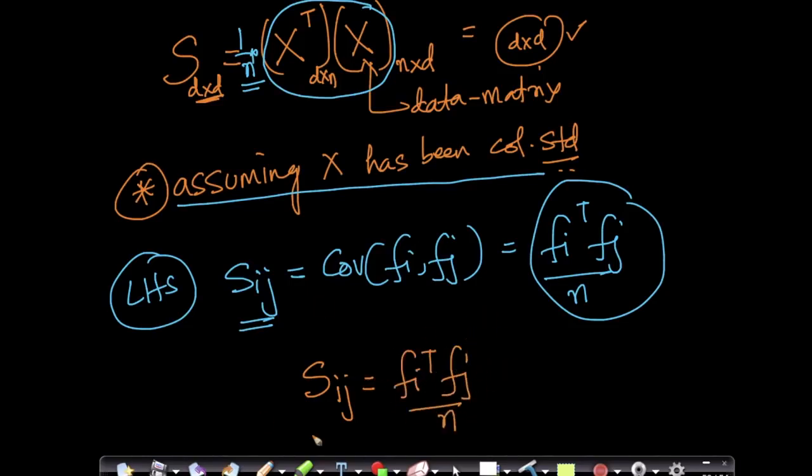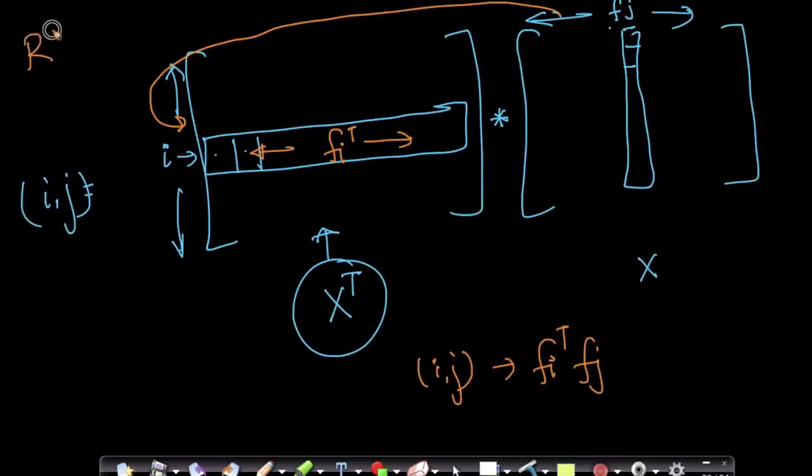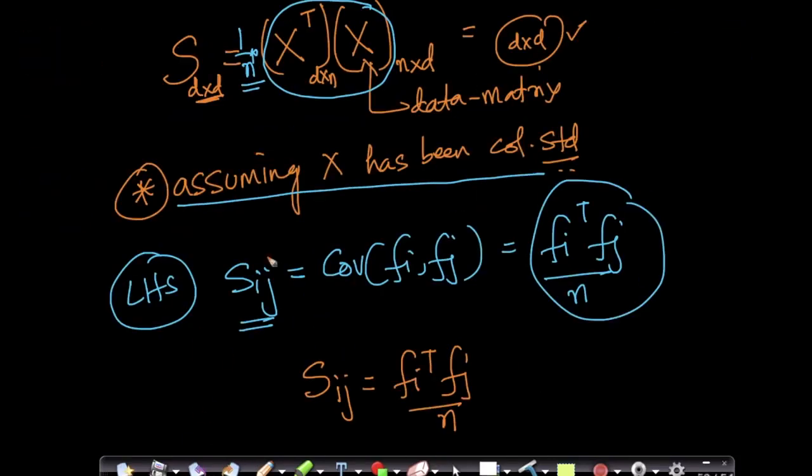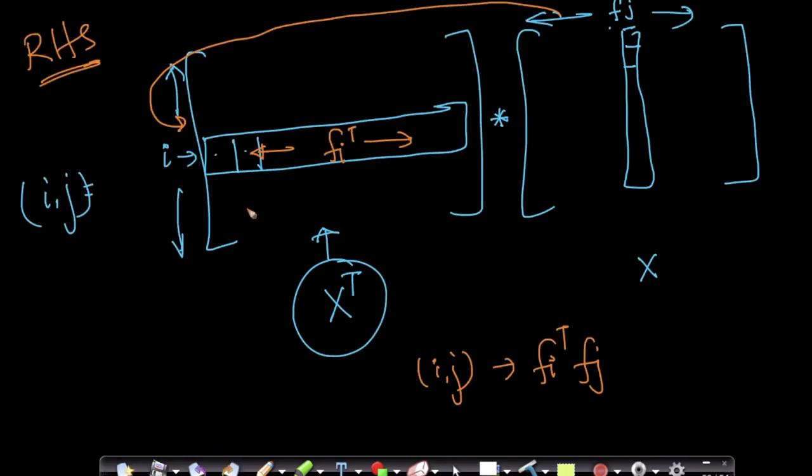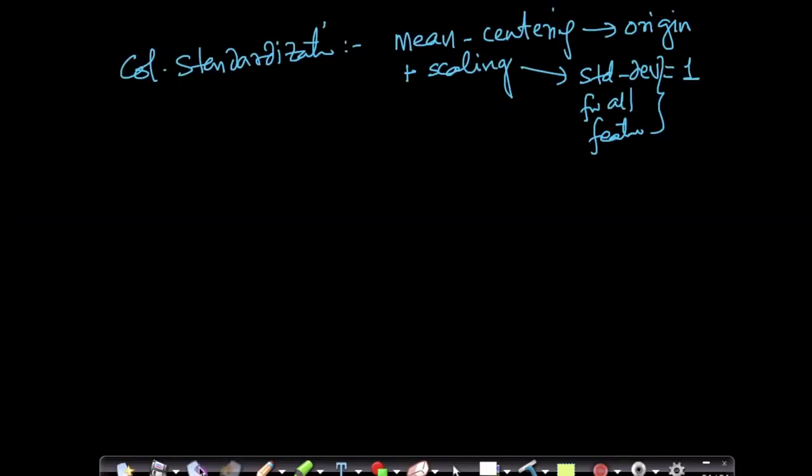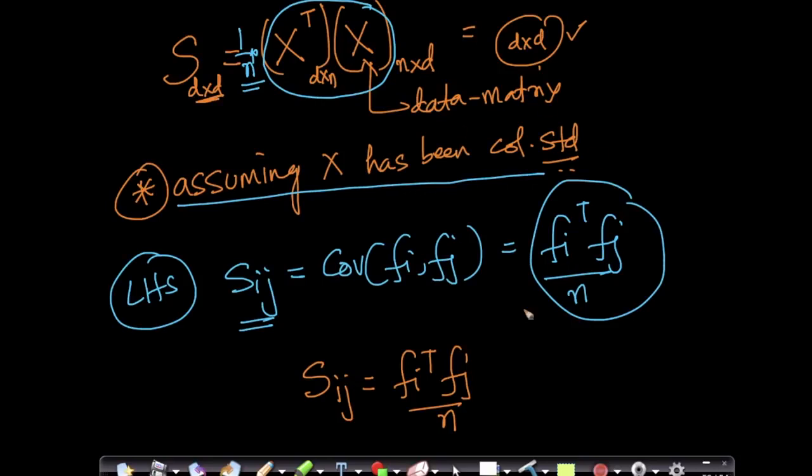This is your LHS. On your RHS you have X transpose X, and the ijth value of this product will be Fi transpose Fj. On the LHS, I have Fi transpose Fj by n.